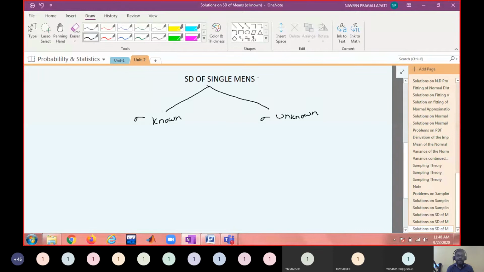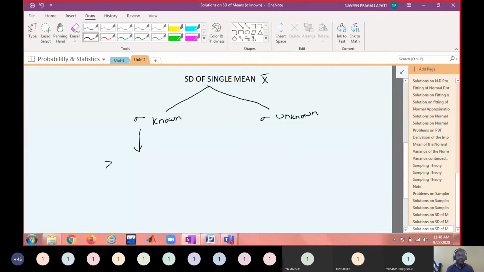So if sigma is known, then what is your standardized sampling distribution of a single mean? I think there is a typing mistake here. Simply the sampling distribution of single mean x bar. Then what will be the standardized variable for this, whether it is a small sample or a large sample?